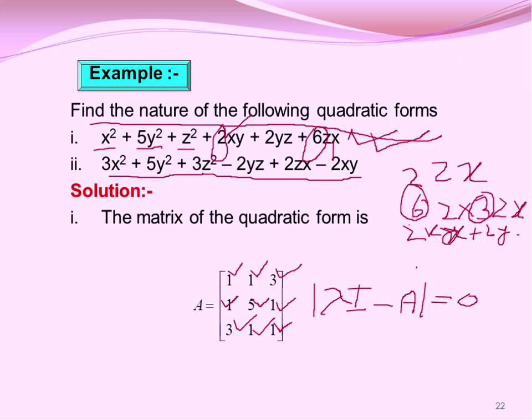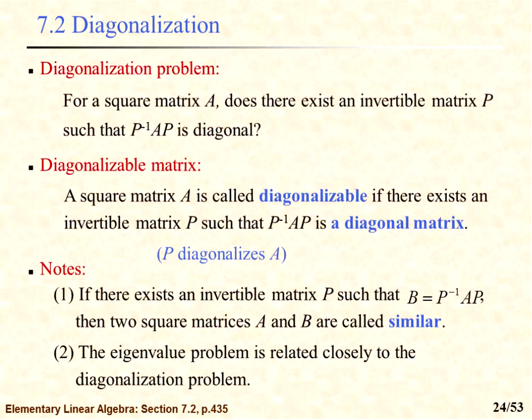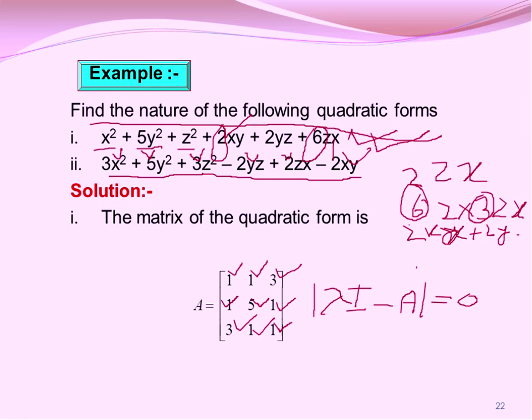Again we draw the diagonal form. The diagonal elements are 3, 5, and 3, and the rest of the elements are minus 1, minus 1, and minus 1.